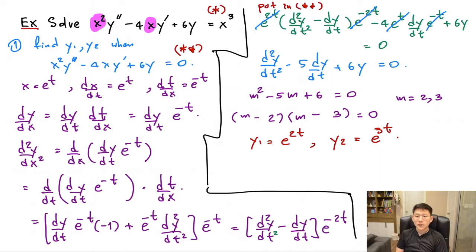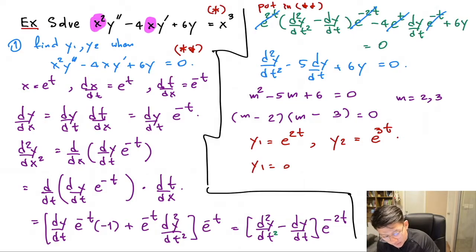Once we have y1 and y2, y1 is e to the 2t, but x is e to the t, so t is log x.